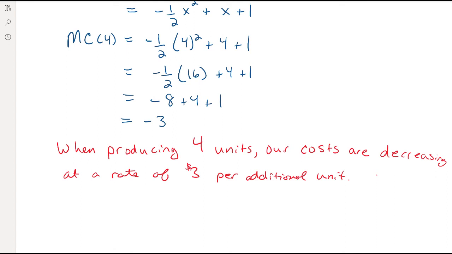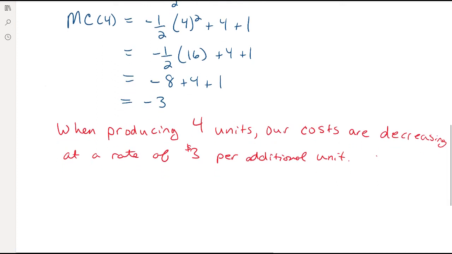Another analogous way is let's look at it in terms of units. So we're saying that if we produce an additional unit, our costs are going to go down by $3. Another way of saying that is if we produce not the 4th unit, but if we produce the next unit, in this case it's going to be the 5th unit.